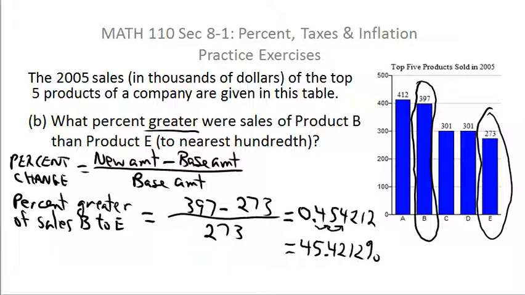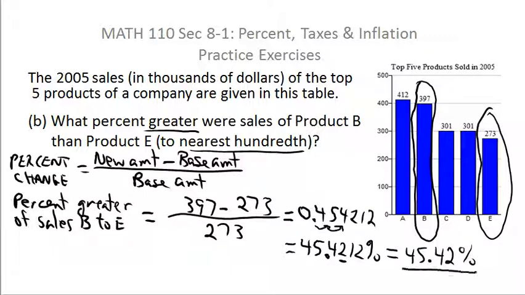But they ask us to round it to the nearest hundredth, so that would be 45.42%. So product B sales were 45.42% greater than product E sales.